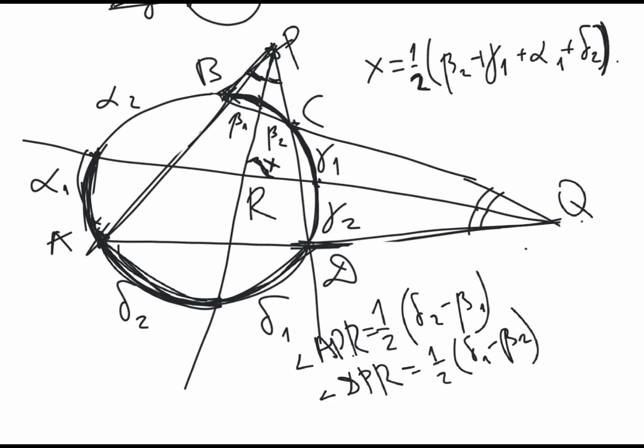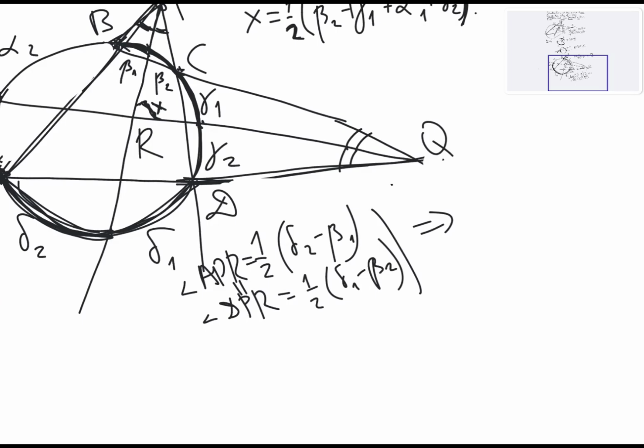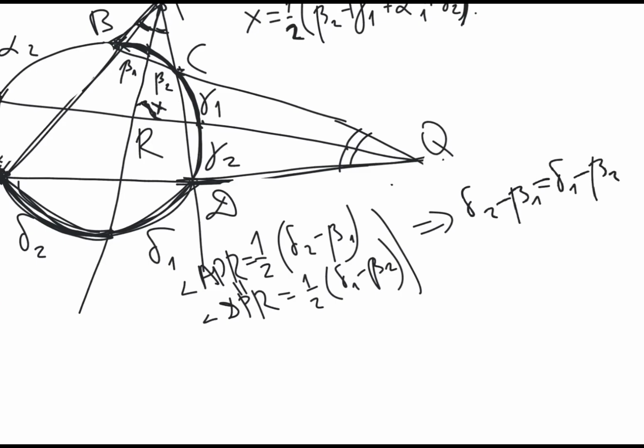They must be equal to each other. So we have that delta 2 minus beta 1 is equal to delta 1 minus beta 2.